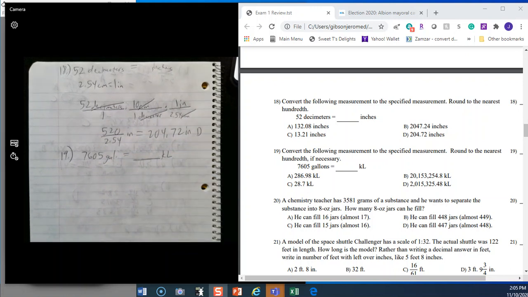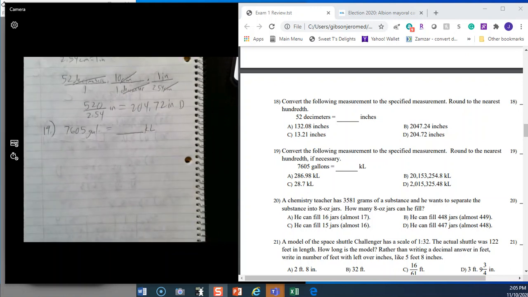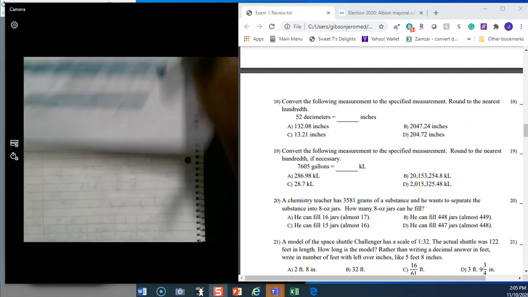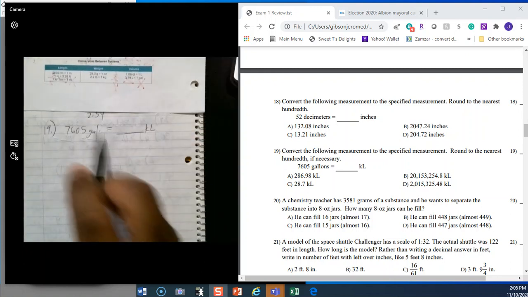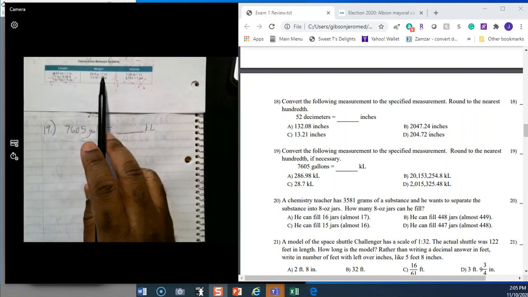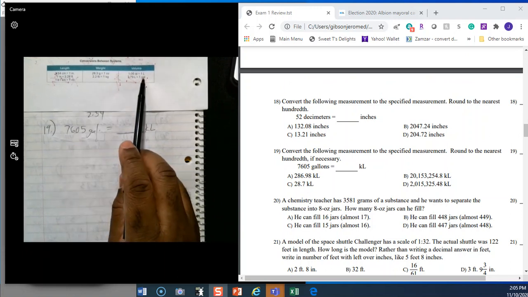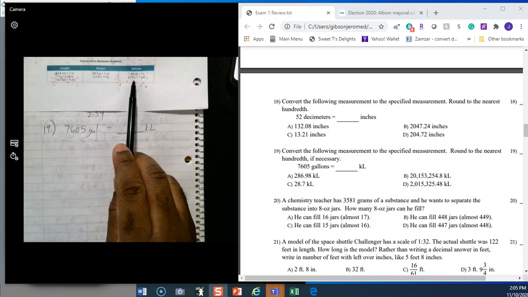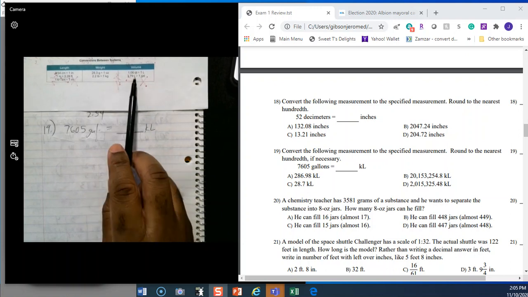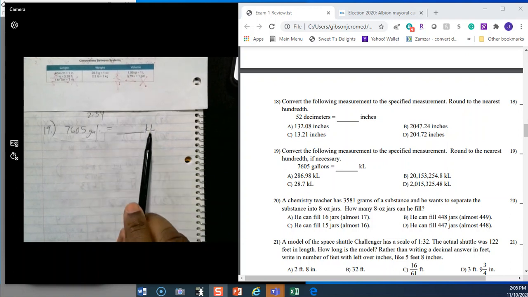So we will go back to our chart on page 64 of your course pack, and we're going to conversions between systems. So we want to go, if you look here, gallons and liters, gallon goes to liters. So we need to convert liters to kiloliters.